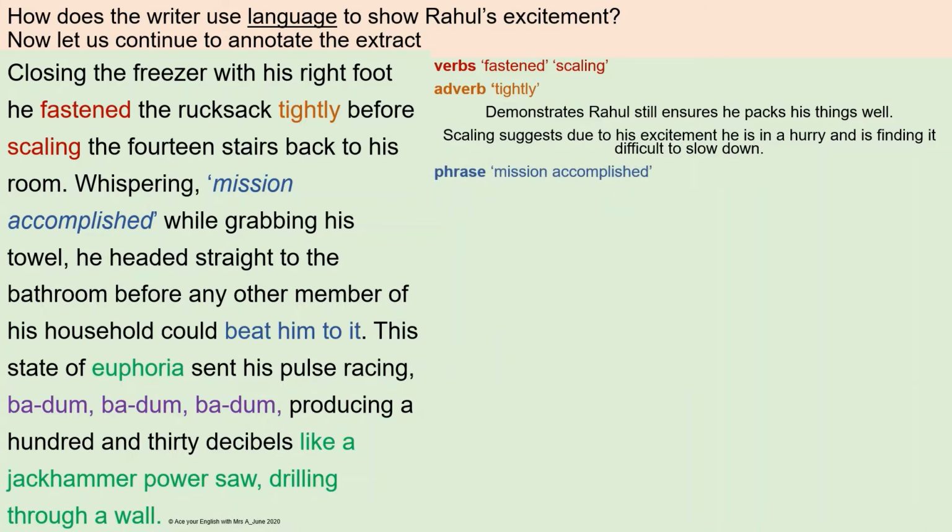And then the phrase mission accomplished, I'm sure you know what that means. Again, helping us to know how he's feeling. He's got what he wanted. Remember, he woke up thrilled in the morning. So he's still happy. He's excited now.